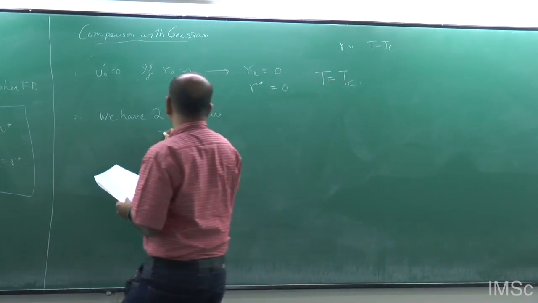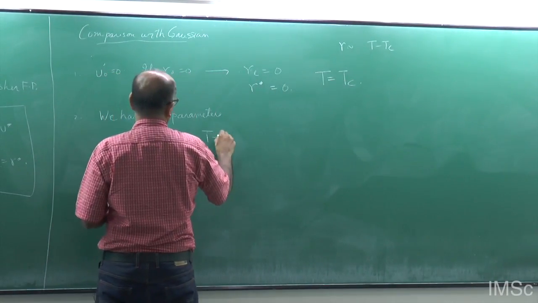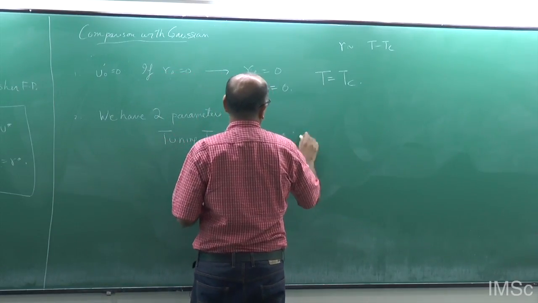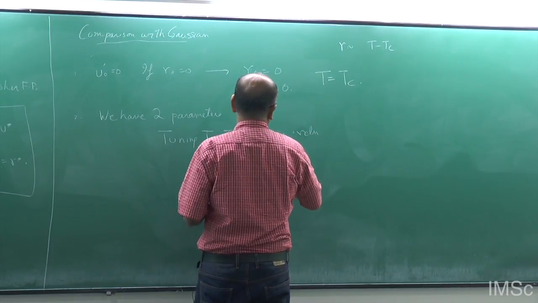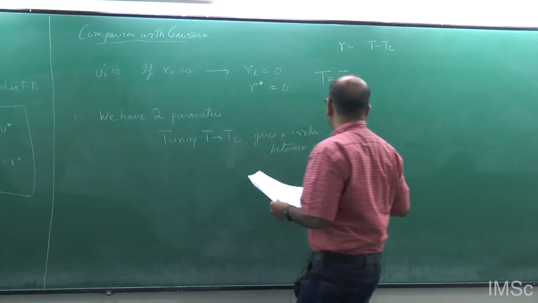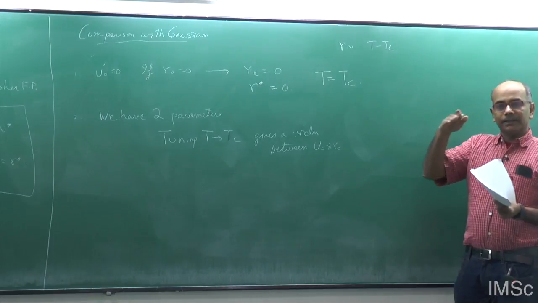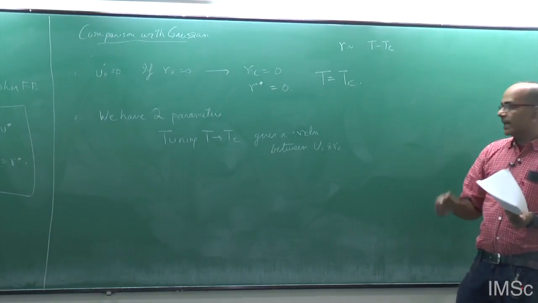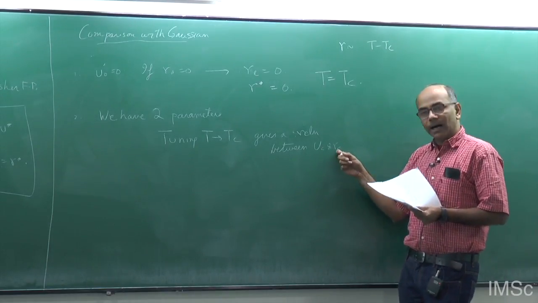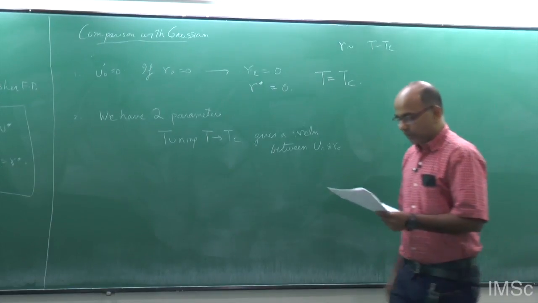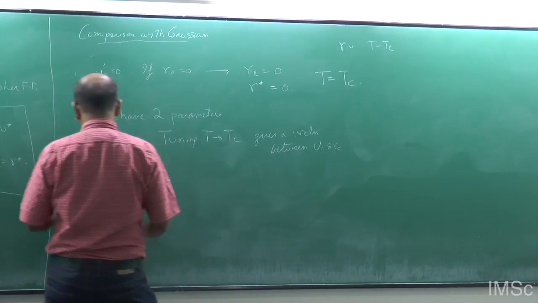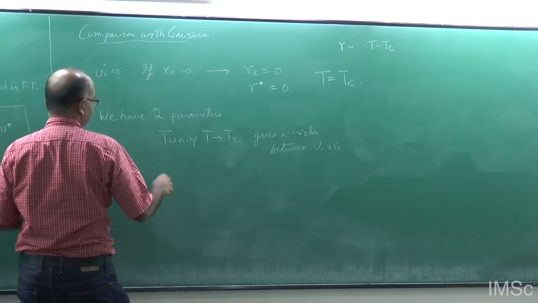So tuning T gives a relation between UC and RC. If you define a critical temperature and say I'm going to tune T to Tc, that will give me a relation between the critical U and the critical R, which will depend on the T. So let me write it this way.